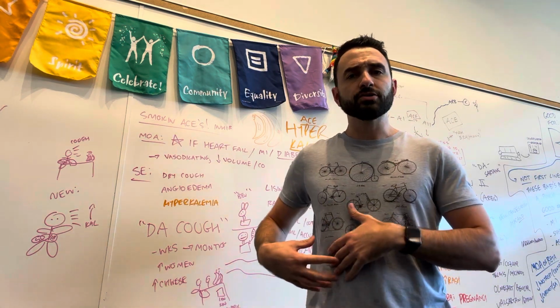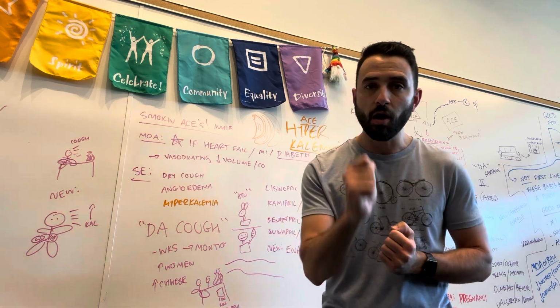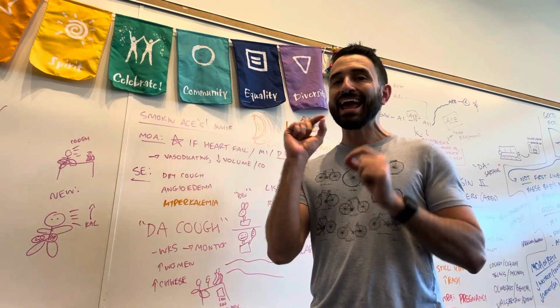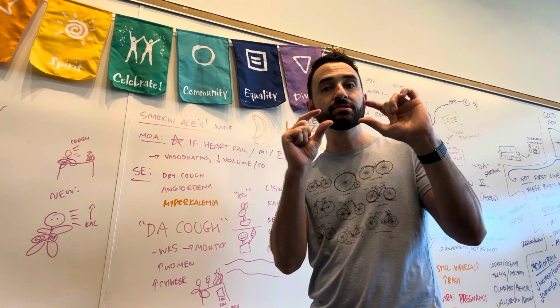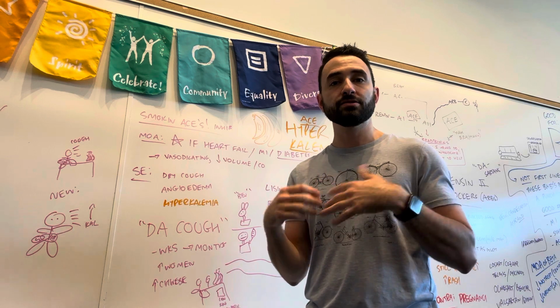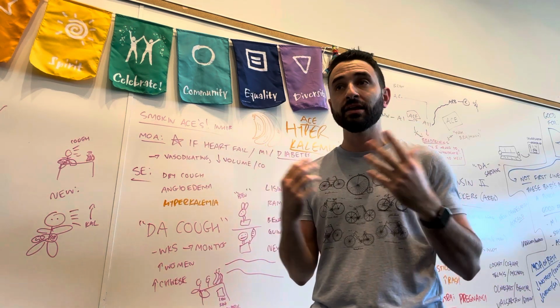It's also going to cause some renal dysfunction as well, and it's going to cause a cough. The reason for this cough is thought to be that ACE, the angiotensin converting enzyme, which we are inhibiting, itself breaks down bradykinin. Bradykinin is a vasodilator. All it wants to do is help out the heart and vasodilate.